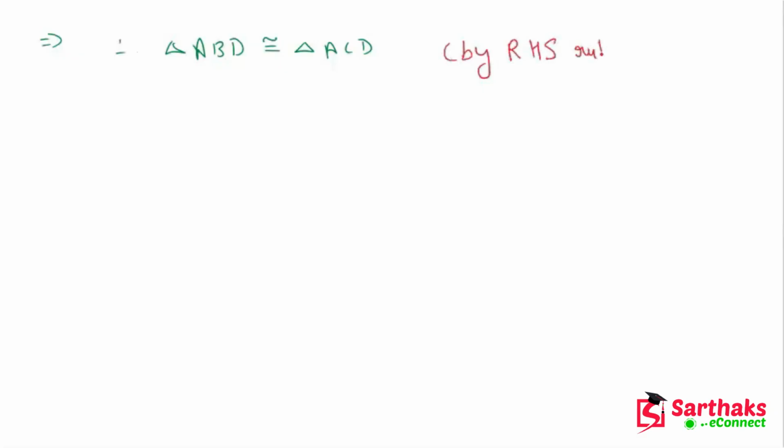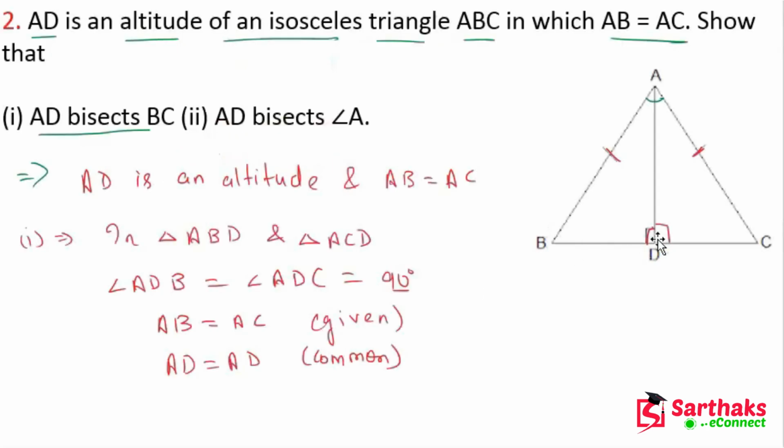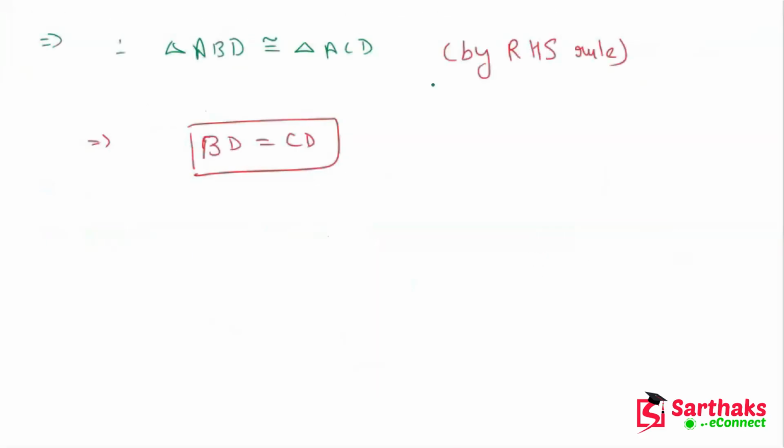So by the rule of CPCT, BD is equal to CD. I hope you get this point. So we can say that AD bisects BC.